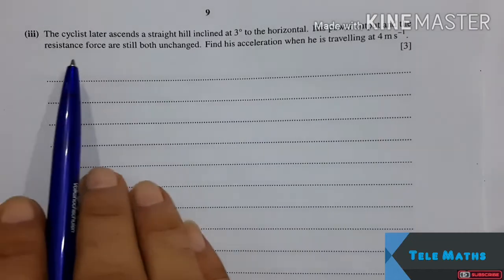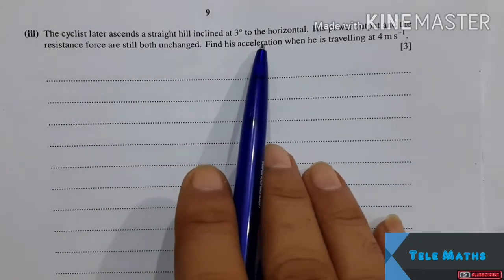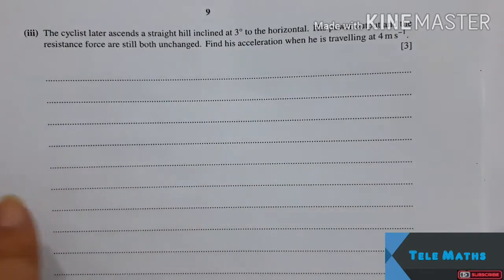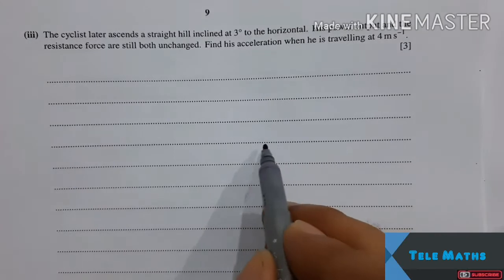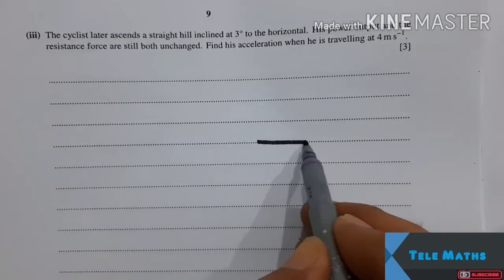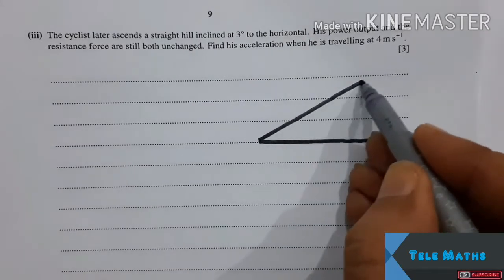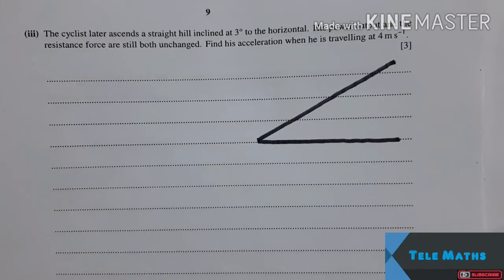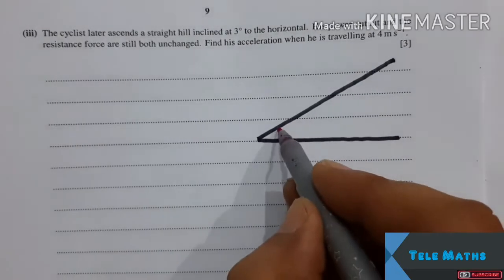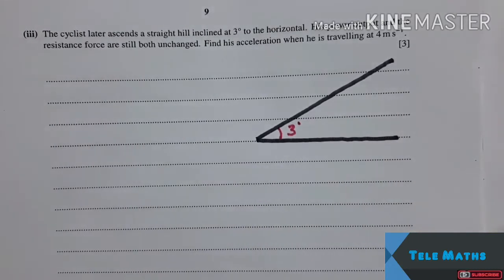Part 3. The cyclist later ascends a straight hill inclined at 3 degrees to the horizontal. So there is a hill. I'll make the vector diagram first. Angle is 3 degrees.